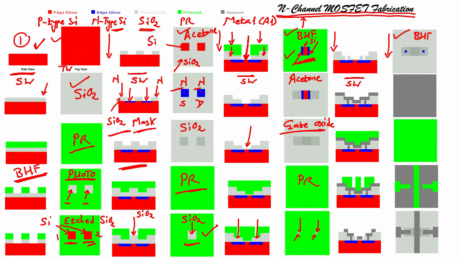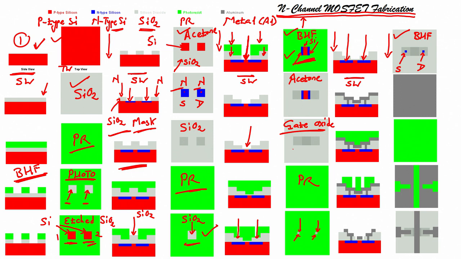So, you can see here, we can see oxide, we can see here oxide, we can see here source, we can see here drain, right. So, what we can see here? We can directly see source and we can directly see drain, correct.